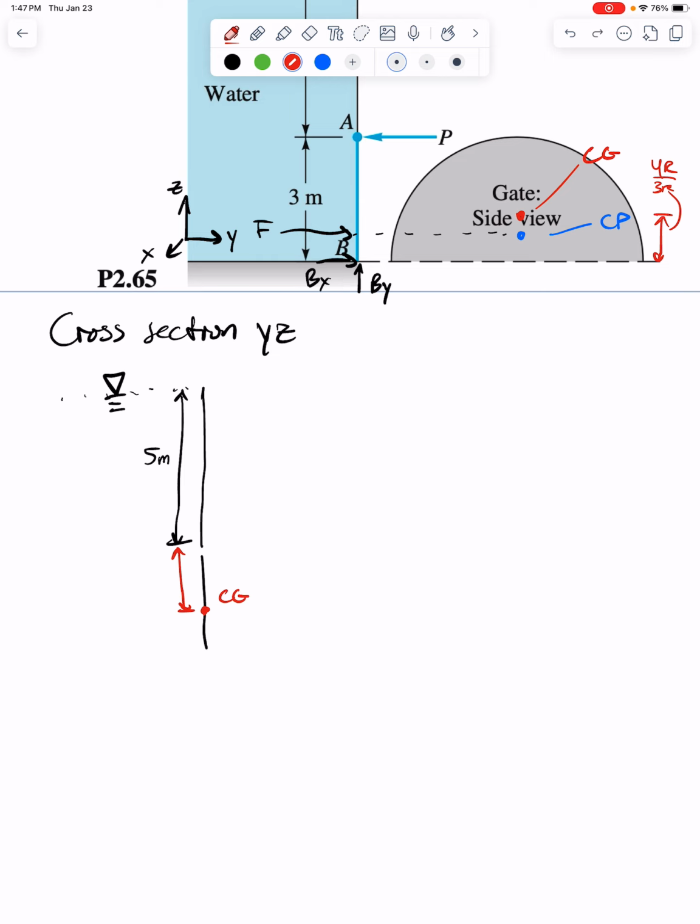How do I get that? Essentially, I'll do radius minus centroid location. That'd give me the remaining distance from the top of the gate to the centroid. And that is 3 meters minus 4 pi over 3 meters. Sorry, I messed it up.